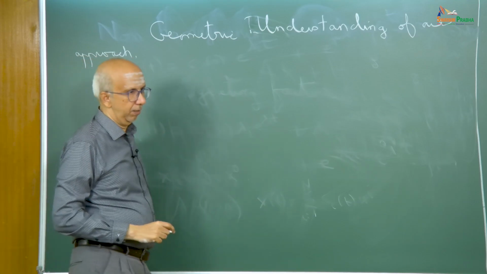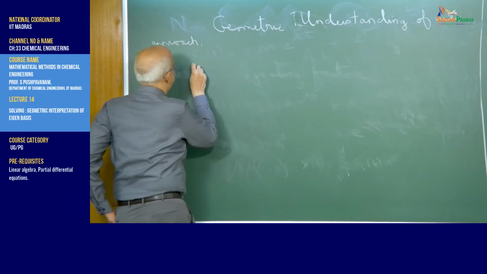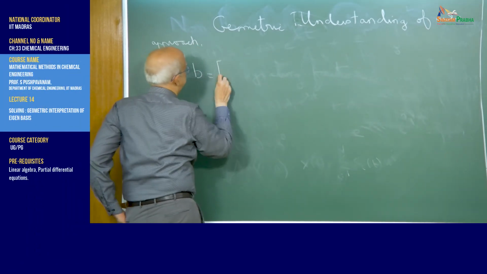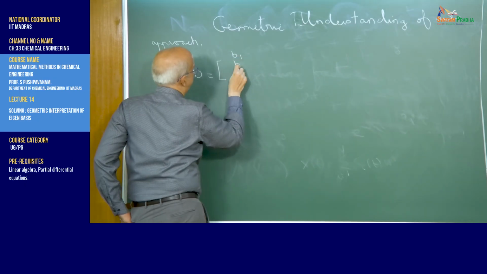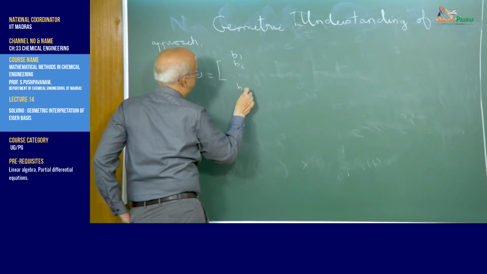If you take a vector B, it is of the form B1, B2, Bn.